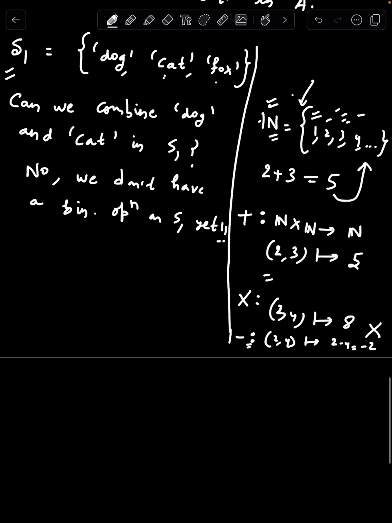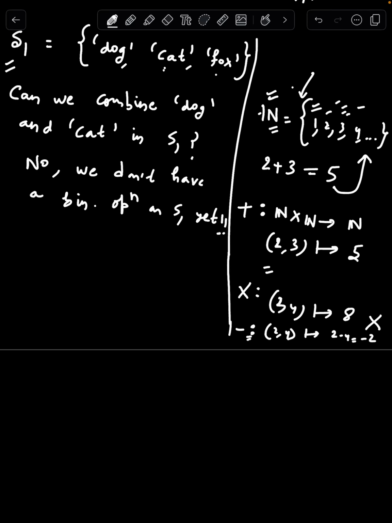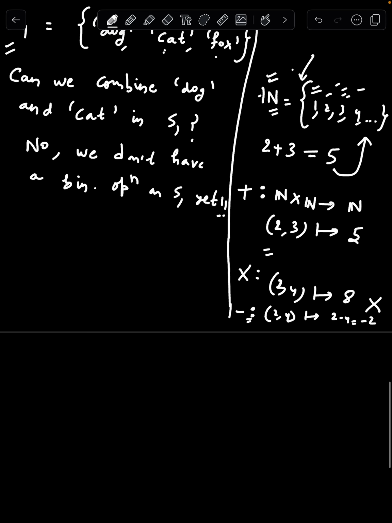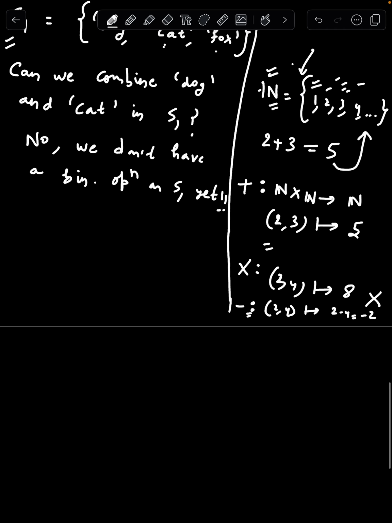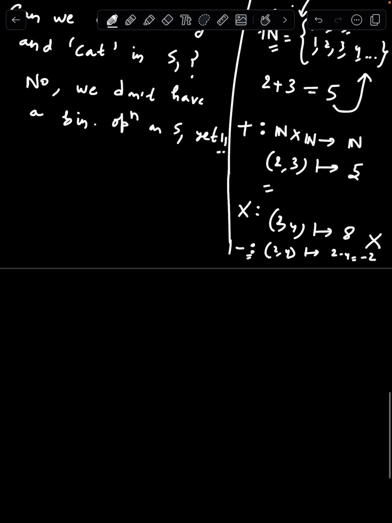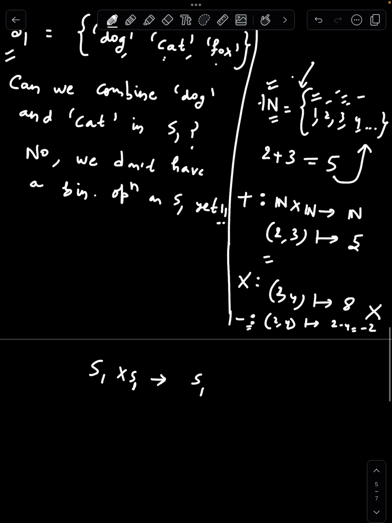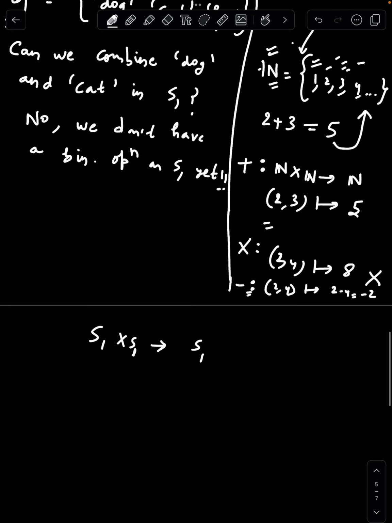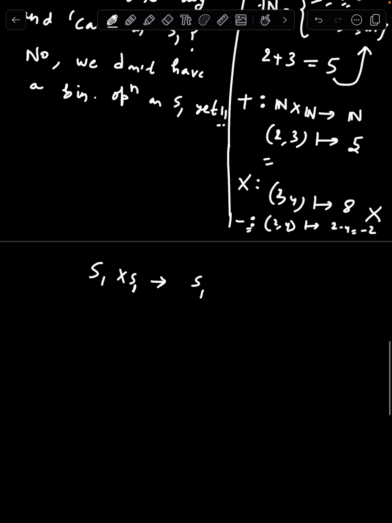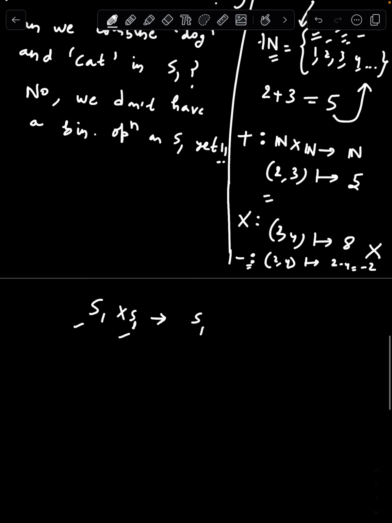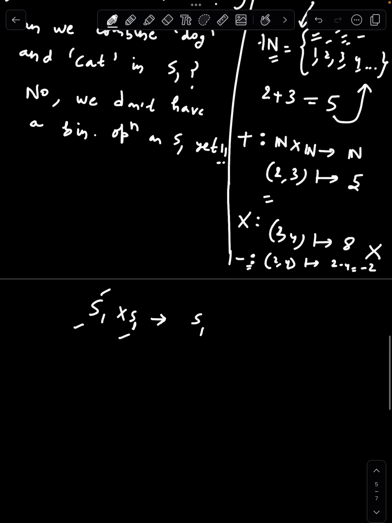Now, let's define a binary operation. What is a binary operation? It is basically a function like this, right? We have to define a function from S1 cross S1 to S1. Now, how many elements are there in S1 cross S1? Well, S1 has three elements, so 3 times 3 is 9.